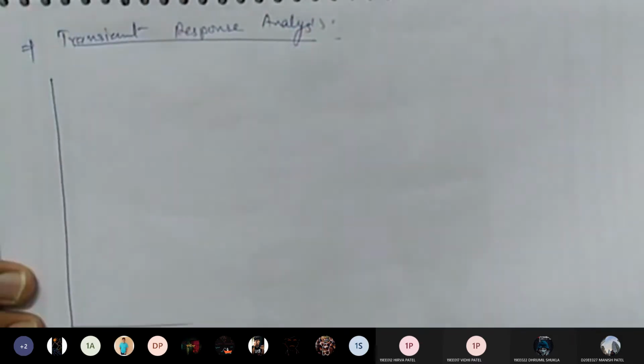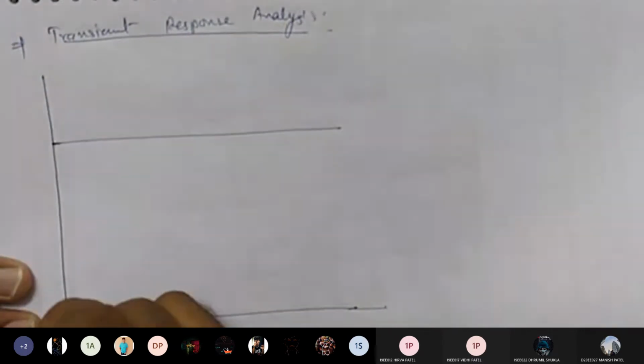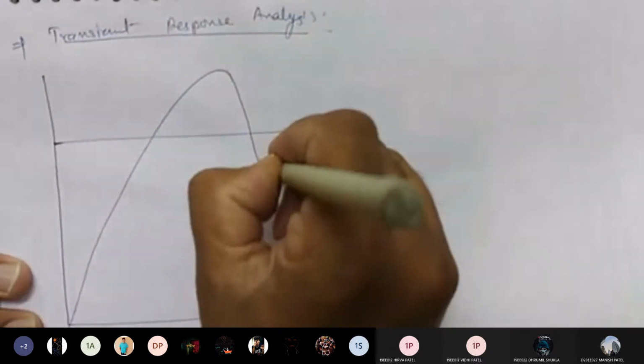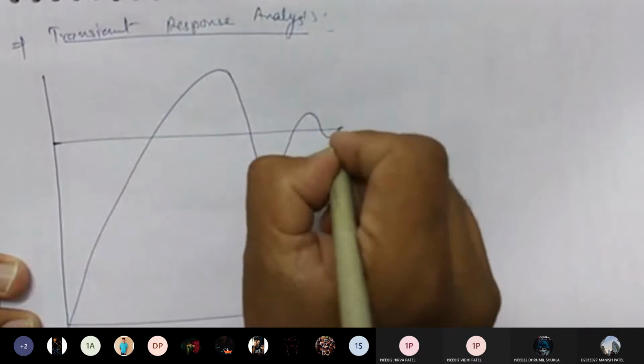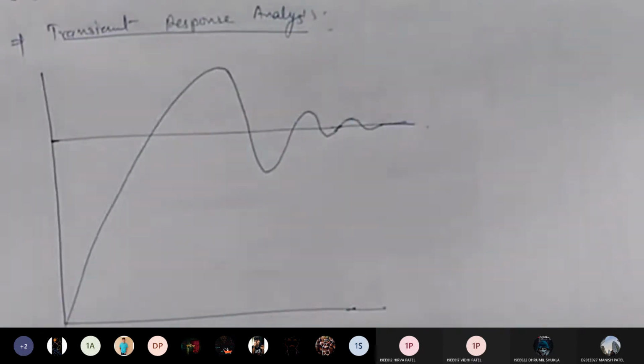Okay, so I'm redrawing the graph over here for a better view. This is your reference input, this is your output.